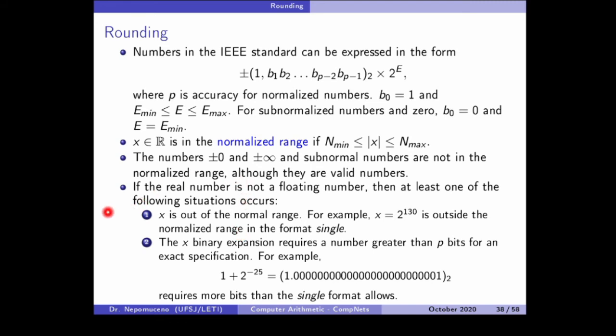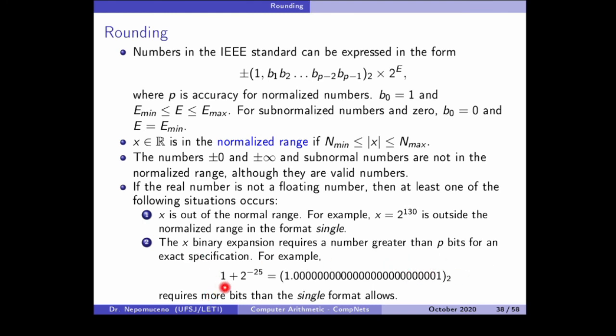If the real number is not a floating number, then at least one of the following situations occurs. X is out of the number range. For example, x, this number here, 2 elevated to 130, is outside the normal range in the single format. The x binary expression requires a number greater than P bits for exact specification.